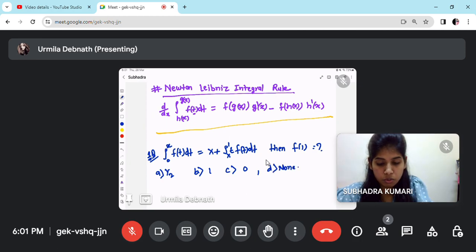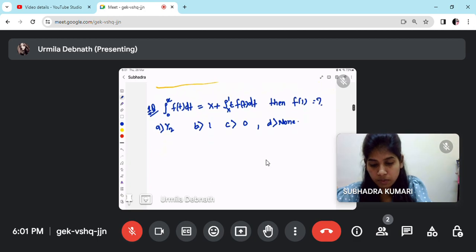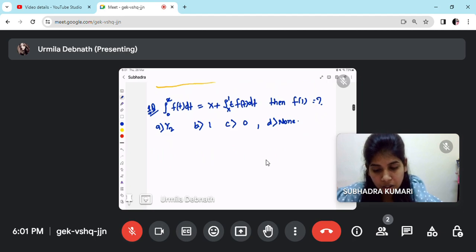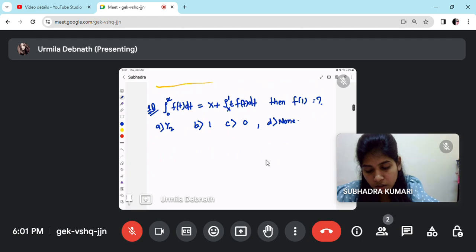So let's solve this question. We cannot directly integrate here, because the function is not given, and also the range is variable, that is, not constant. So in this case we need to apply the Newton-Leibniz concept.